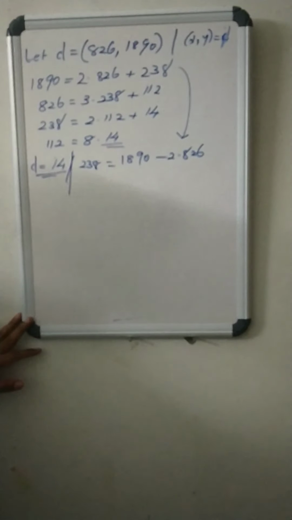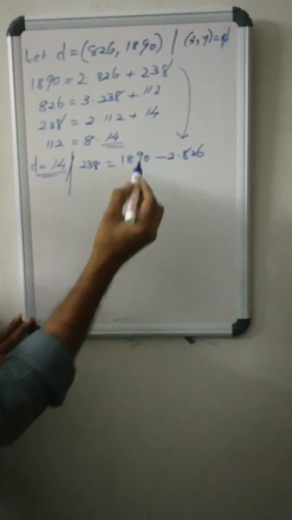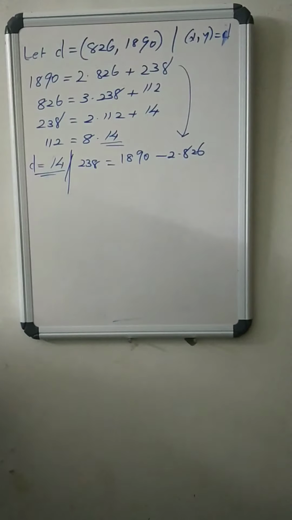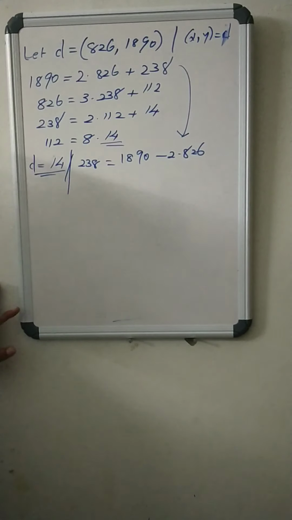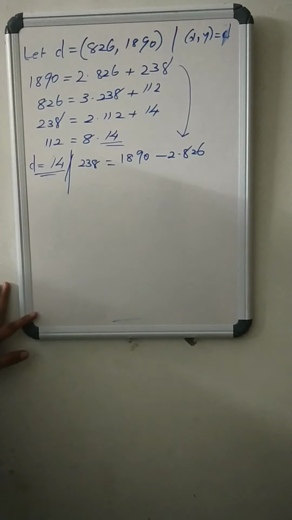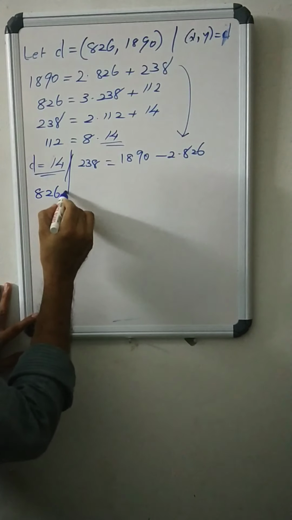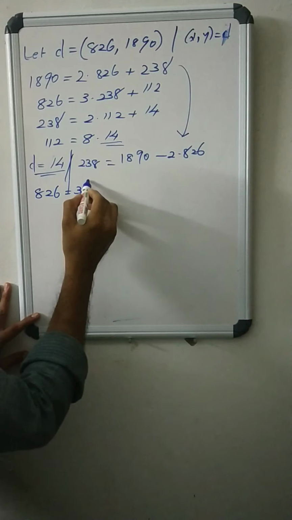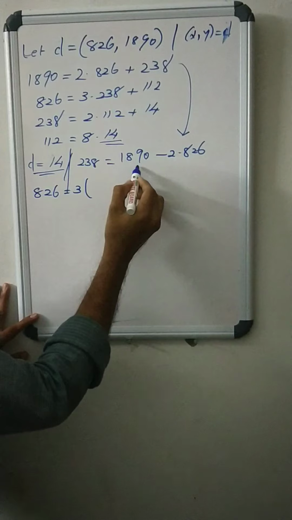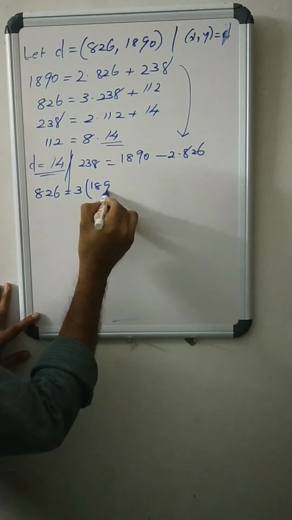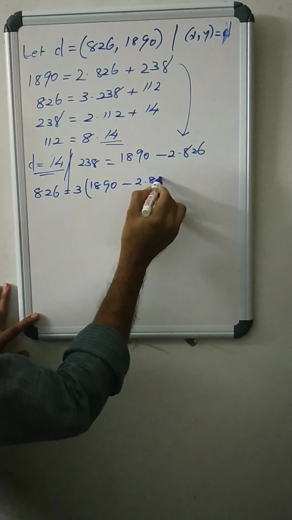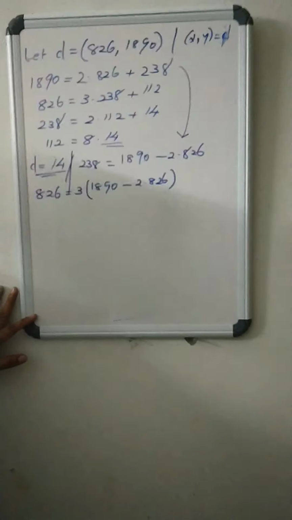Therefore, you can rearrange 826: 826 equals 3 into 238, this one, 1890 minus 2 into 826.